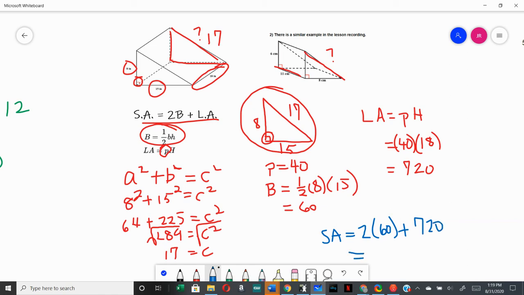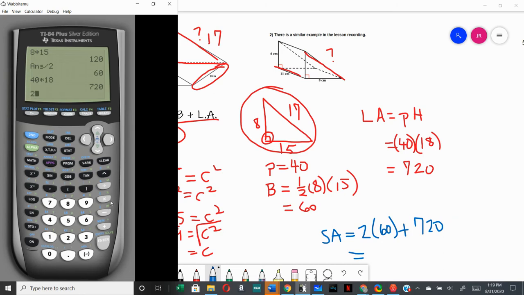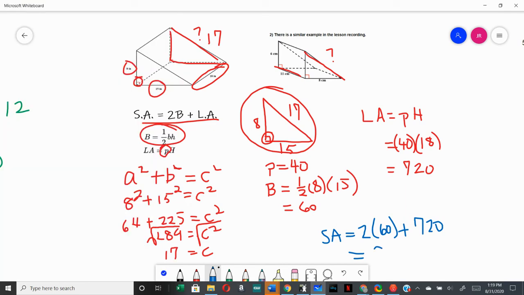That's going to give me my total surface area. So 2 times 60 plus the lateral area. That's 840. In my case, it's inches squared. So that's surface area for a triangular prism.